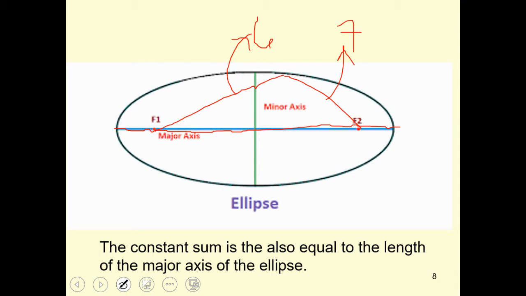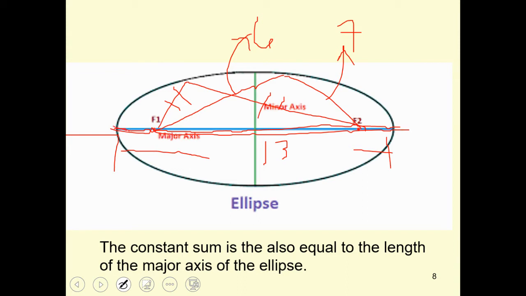So kung 13 na, this is also 13 kini nga distansya. So the constant sum is also equal to the length of the major axis of the ellipse. So if this is 13 gihapon na, di ba? Kining duha ka line 13 gihapon ang atong major axis. So mao na usa sa atong maobserbahan.